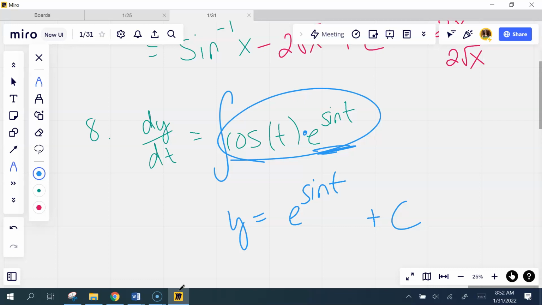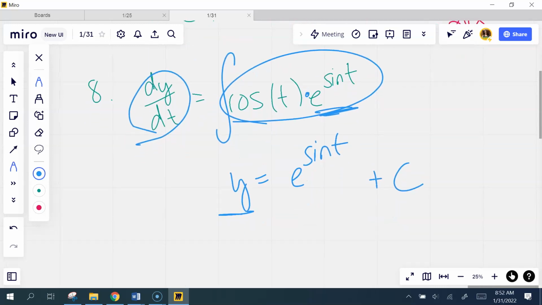But how though? What about the cosine? Okay, so this says dy dt. I found y, so let's go backwards and check what I have. If you find the derivative of y, remember this is just another notation, if I do the prime or if I do dy dt, what is the derivative of e to the sine t?